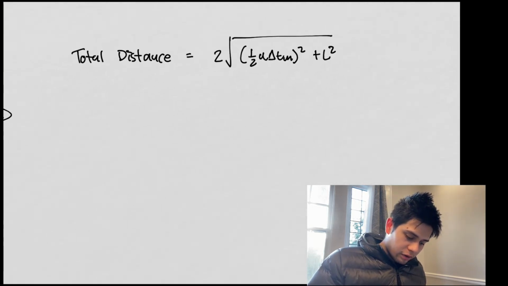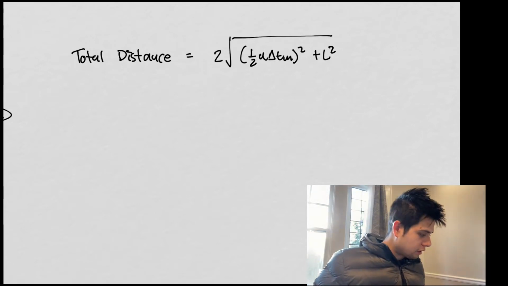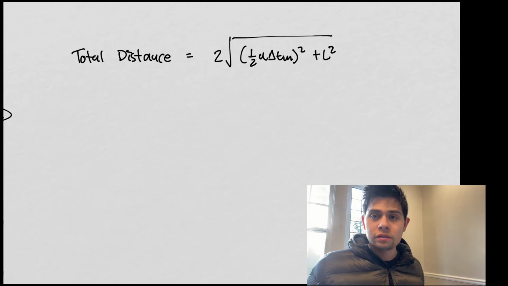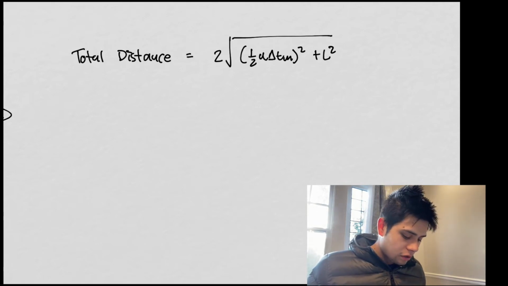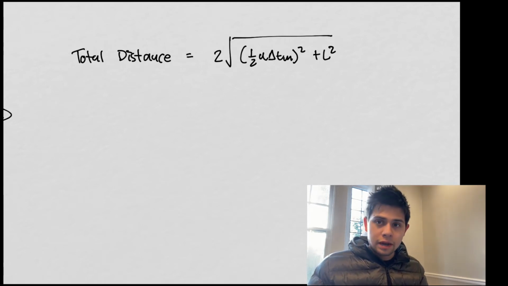I want to talk about now how we can understand, or what we can do with this. Basically, the total distance is the rate times the time, right?